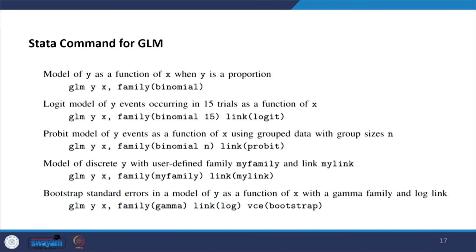Similarly, there are other Stata commands for GLM. Once you know the link function and the family, when you know that your family is binomial, you can give this command. When you know it is the binomial family and also know very clearly the function to be applied, you can give that. So, glm with your dependent variable, and independent variables should be specified.